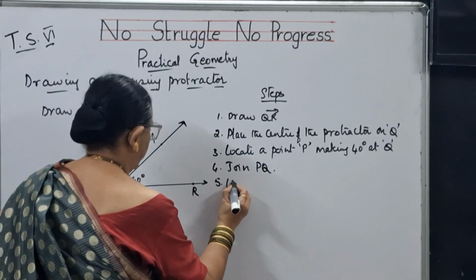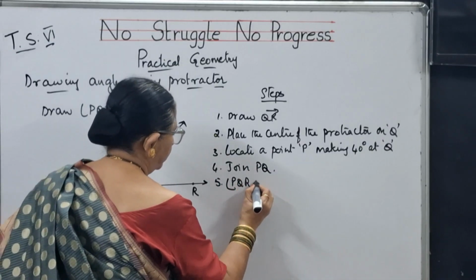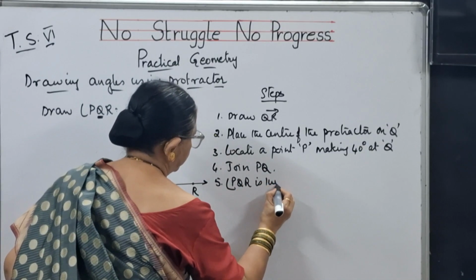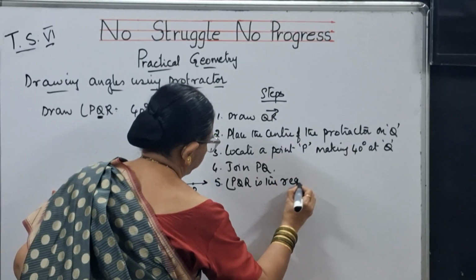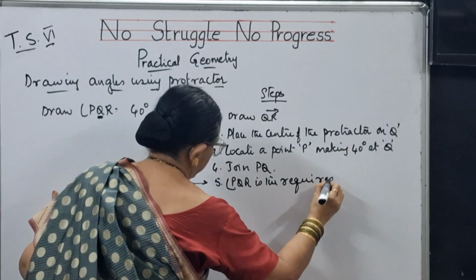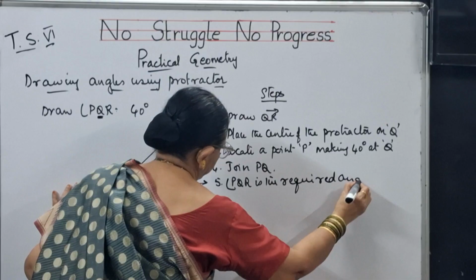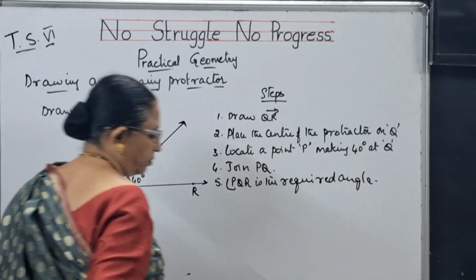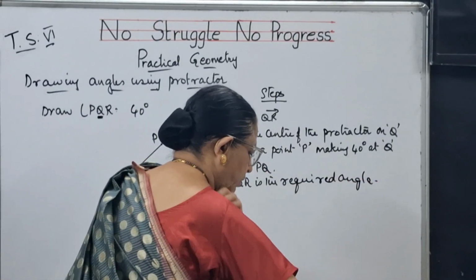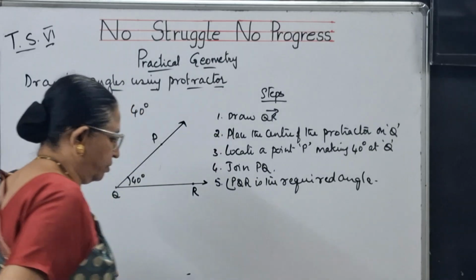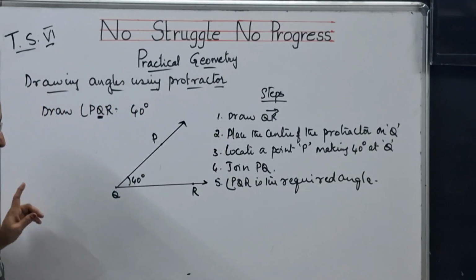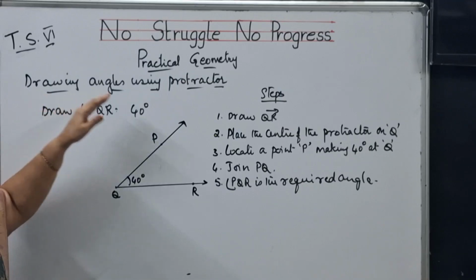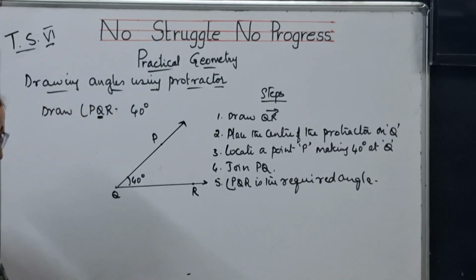Fifth point, angle PQR is the required angle. This is how you need to draw the angles, children. Please note it down. This is how you are going to do the construction by using a protractor. Please do it by yourself, children.